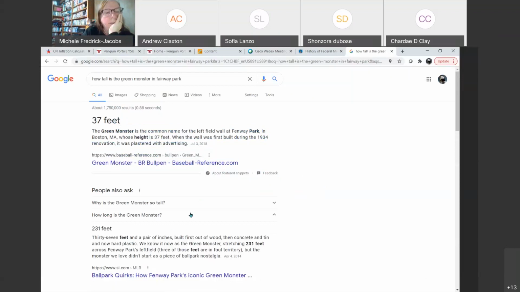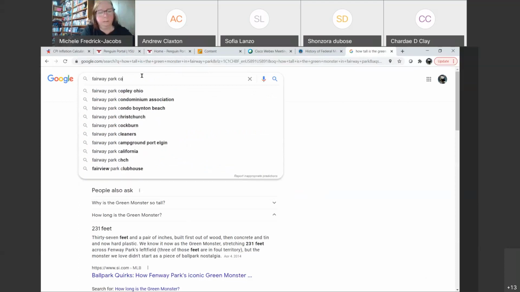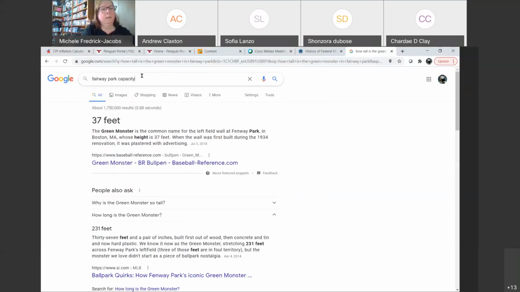How long is it? 231 feet long. I think we also needed how many people it seats. So I will look that up first also. Back when I did it, Zachary and I found that it could hold like 38,000 people.